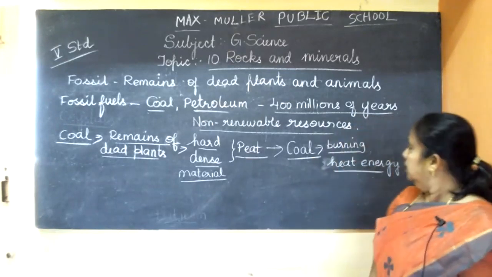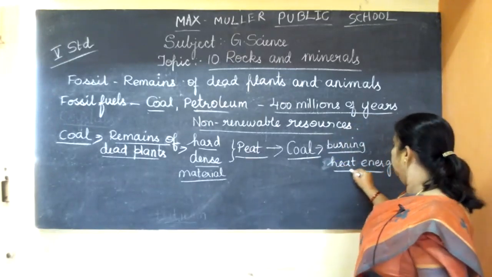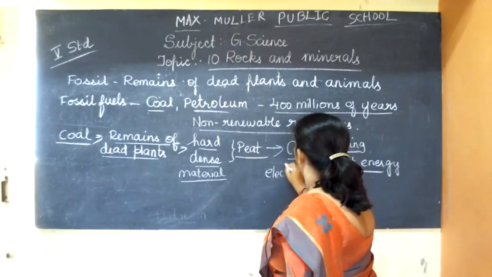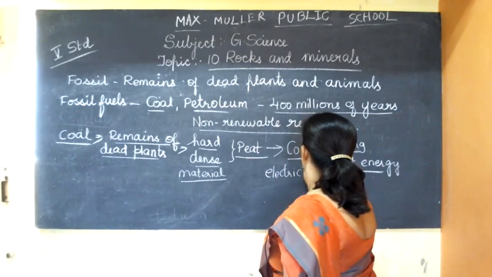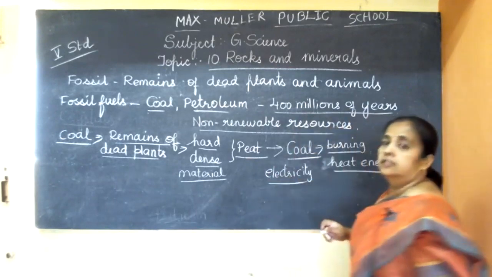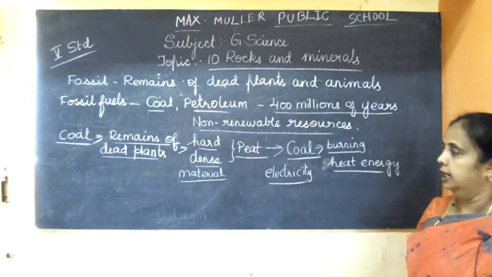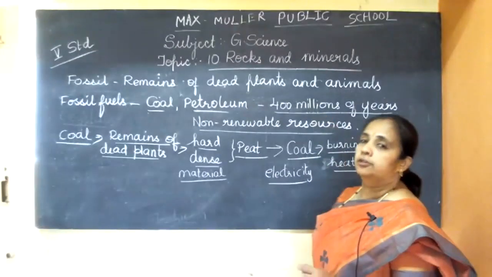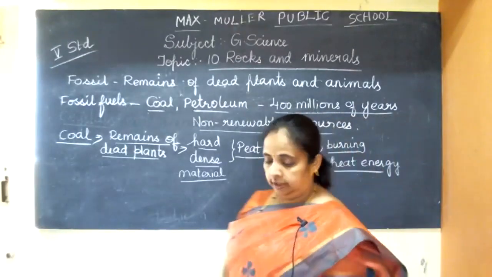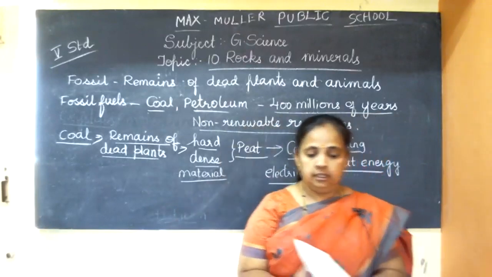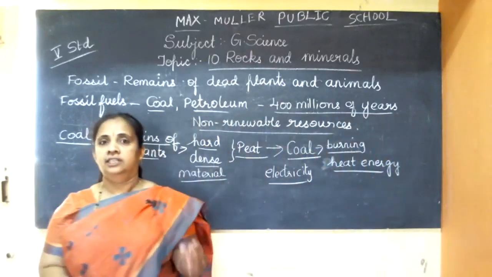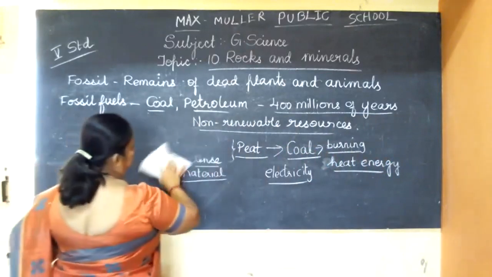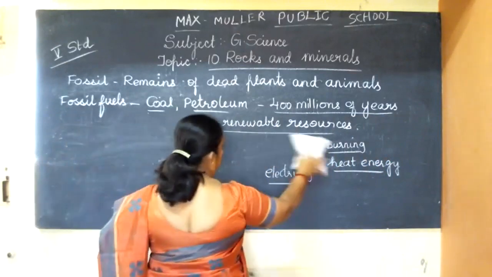This is about coal. It was formed millions of years ago, so we should not waste it. We have to use it judiciously, thinking before we use it, because it does not last for a longer time.